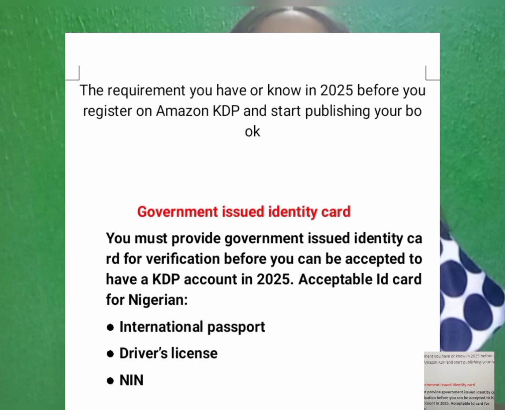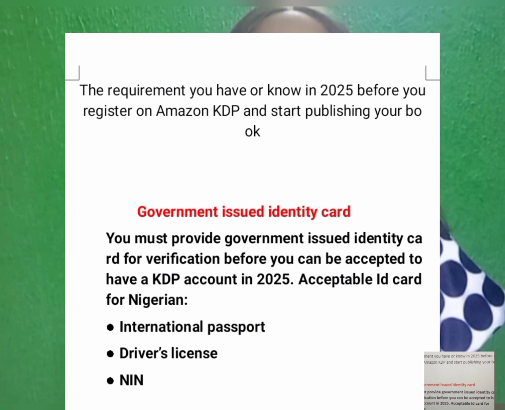It was not there before, they just added it recently. So you have to have a government issued identity card. If you don't have it, don't bother opening your KDP, because they will ask for verification, and if you can't verify your account, you won't be accepted.